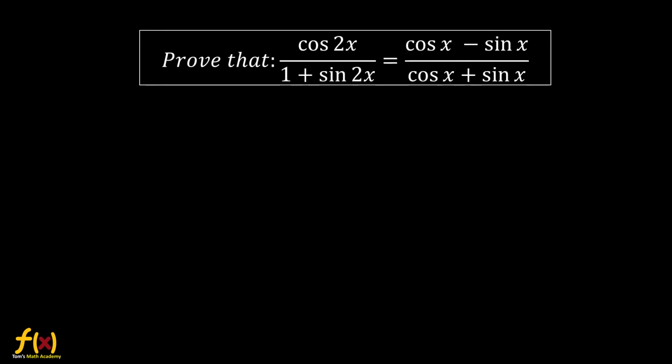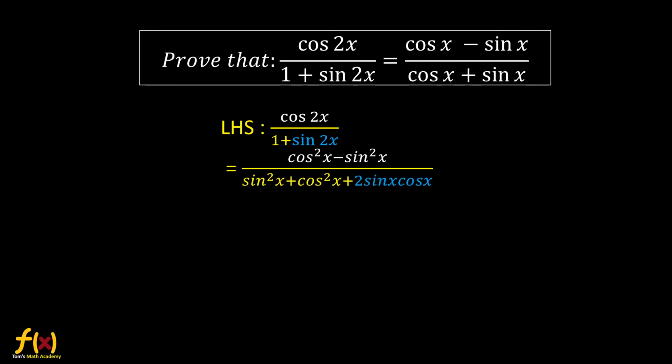Cos 2x over 1 plus sin 2x. So we have a lot of scope here. Double angles are coming on the left hand side. We start with the left hand side. What is cos 2x? It is cos square x minus sin square x. And again 1, we use our famous identity sin square x plus cos square x in the place of 1.